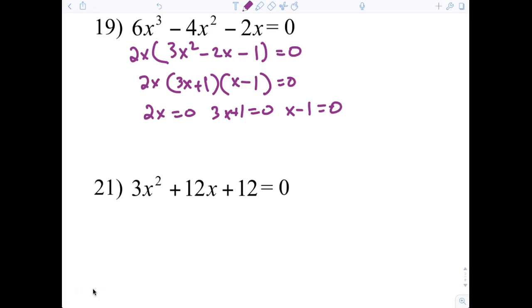If 2 times x is 0, what is x? 0. And then negative 1 third. Good job. Now I skipped a step there, girls. Are you comfortable with skipping that step? Subtract 1 divided by 3.